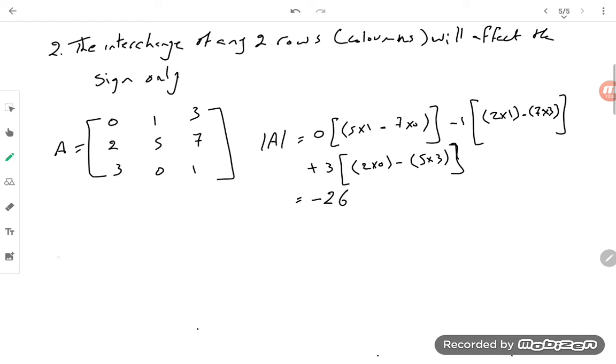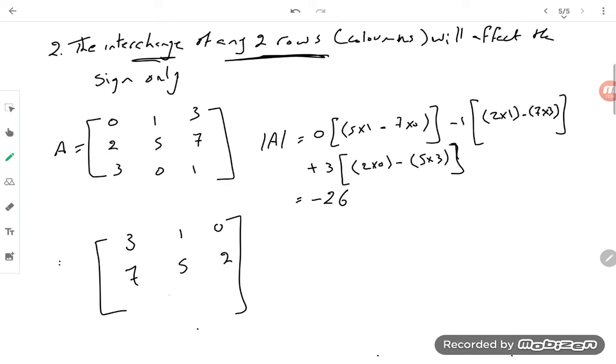Now you interchange two rows or two columns. So the new matrix will be 3, 1, 0, 7, 5, 2, 1, 0, 3.